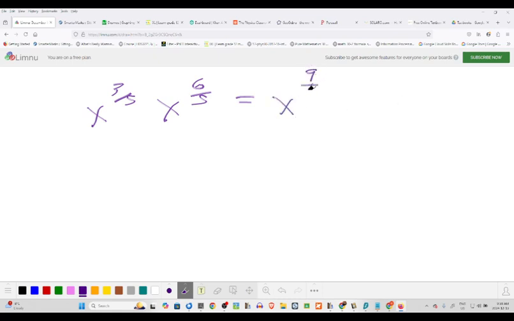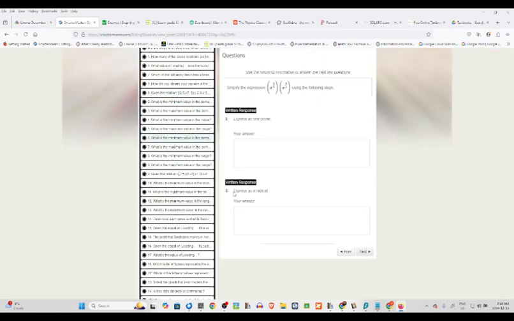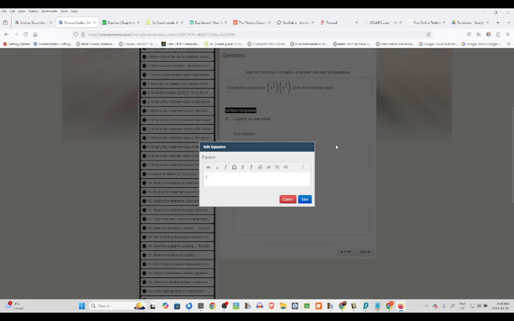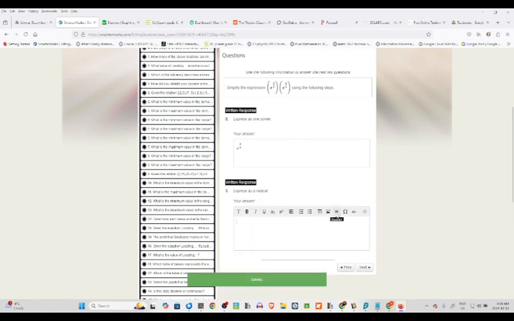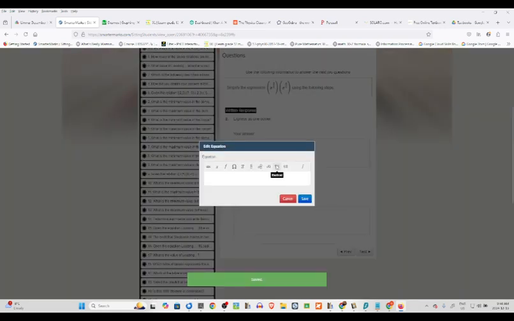So this is x to the 9 over 5. That's our first part. So as a single power, we have x to the 9 over 5. And then expressed as a radical, that's the 5th root of x to the 9. We have that 5th root button, x to the 9.